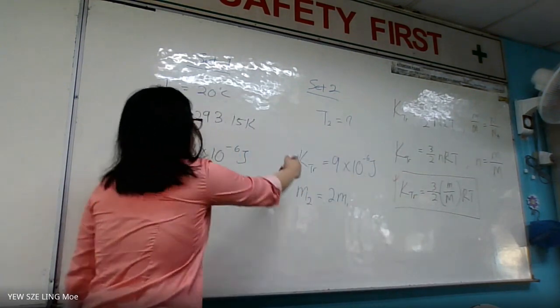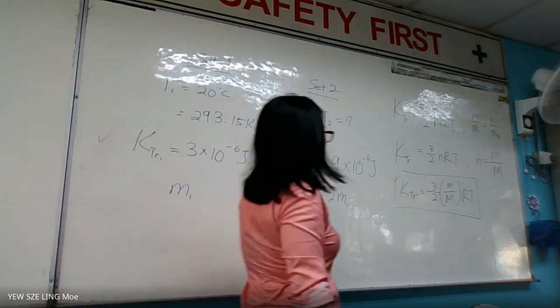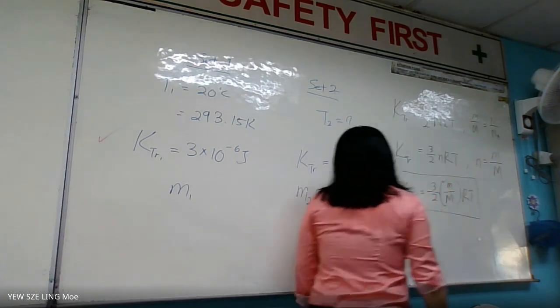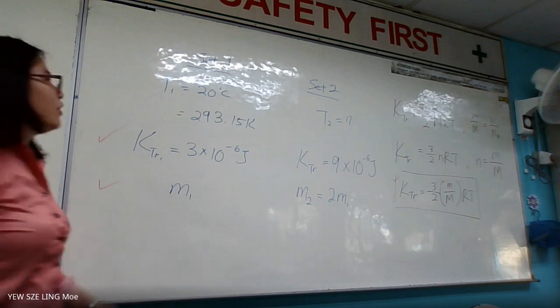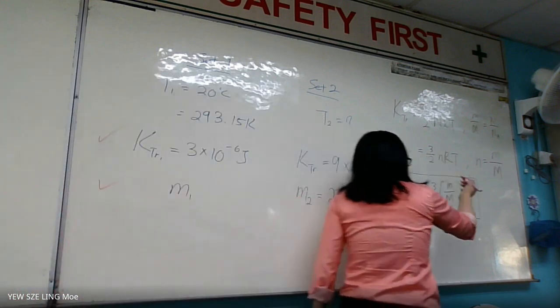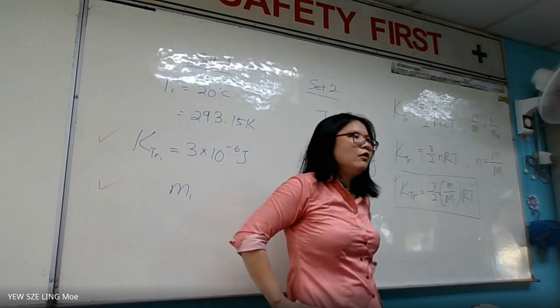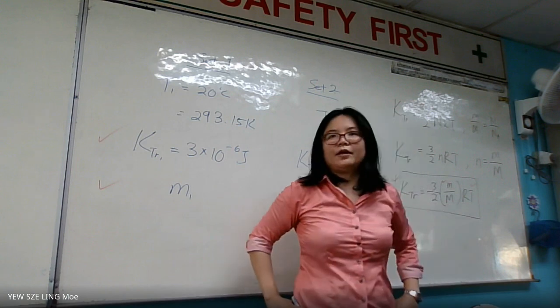I have it in my information table. I need a mass. Do I have the information about the mass? Yes, I do. The mass is mentioned in the question. I have the temperature here. That is fine. R is just a constant value. But now how about M? What should I do with this molar mass?